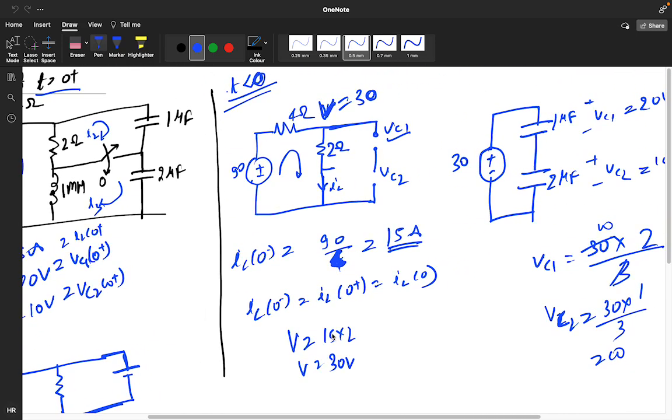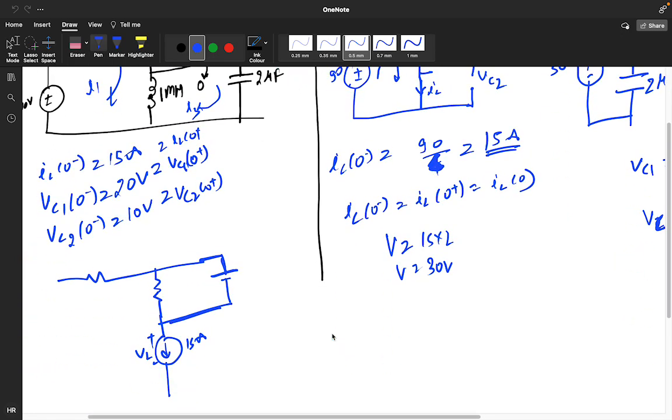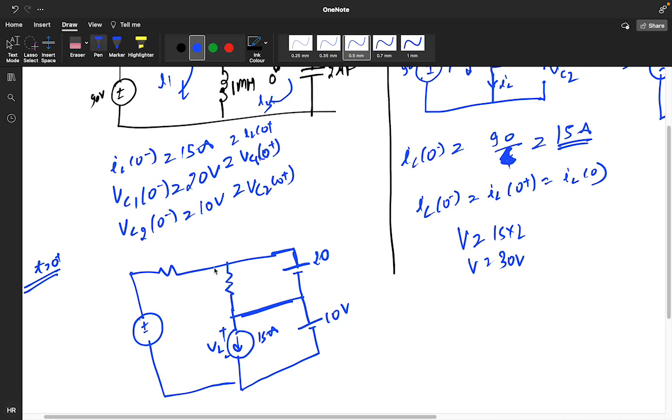What voltage did we get? 20 volt upside, and downside, positive negative 10 volt, and this is positive negative 90. This is 4 ohm, this is 2 ohm.